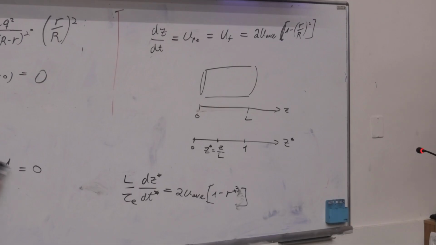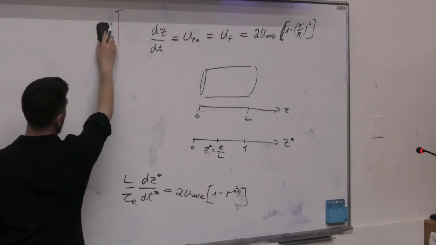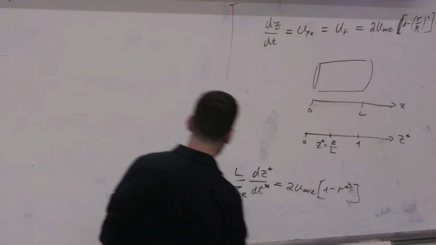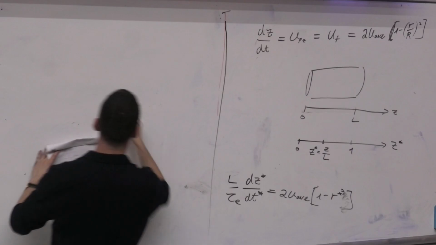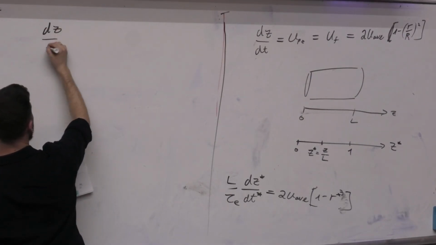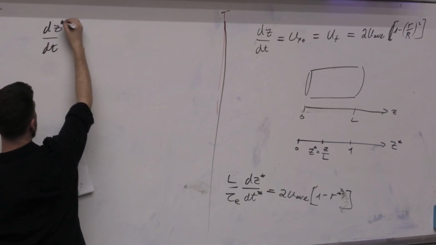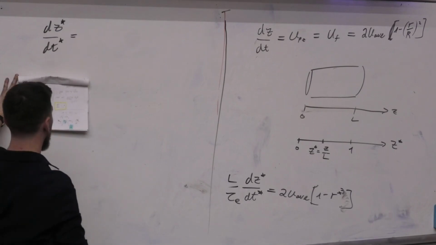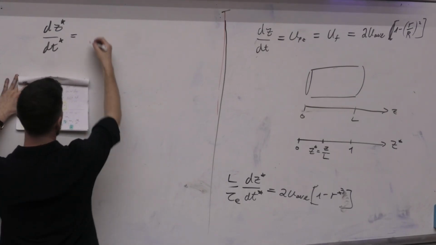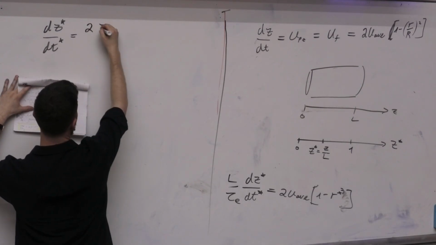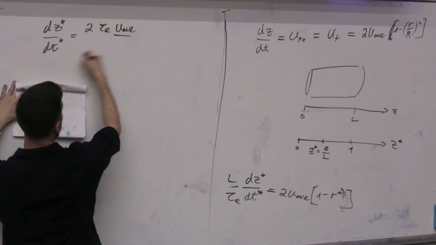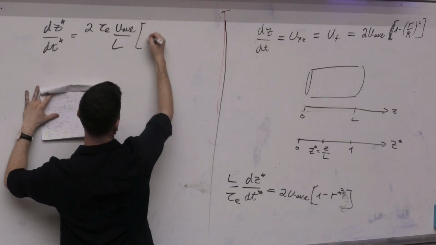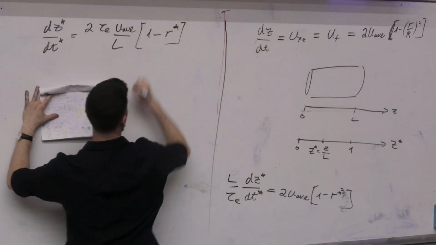I want you to notice how time scales play in fluid mechanics problems, and in general in physics. We want to see how fast stuff happens. So the normalized rate of penetration into the cylinder is 2 tau e UF divided by L, times (1 minus R star) squared.